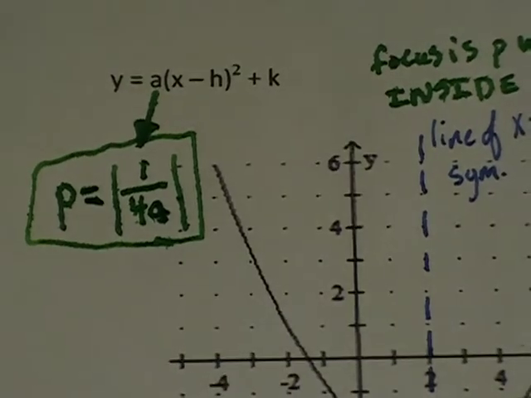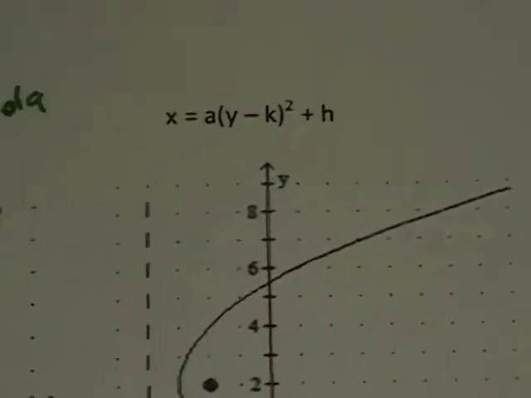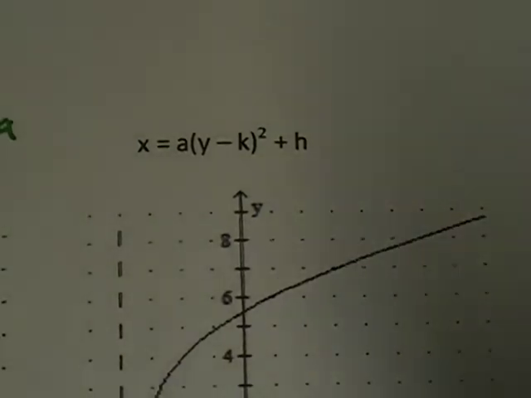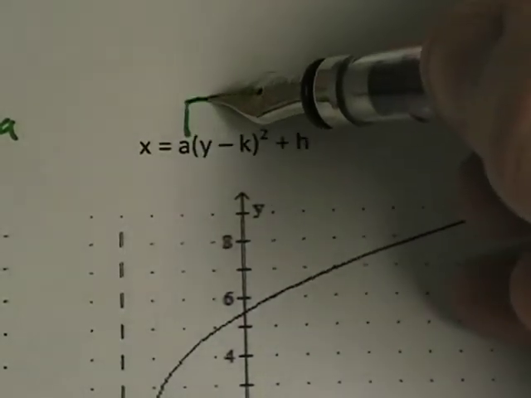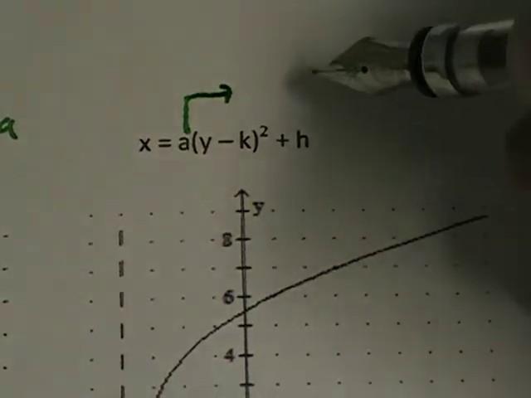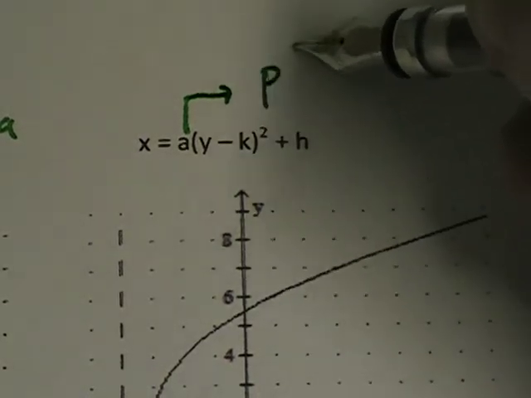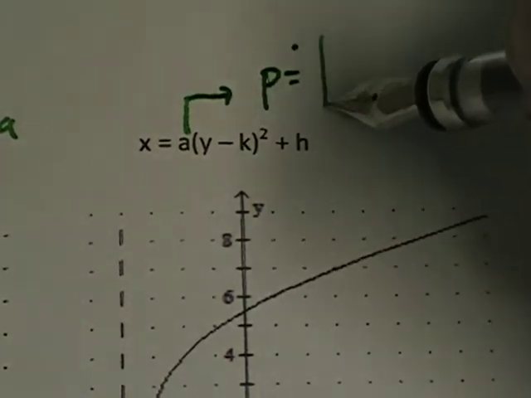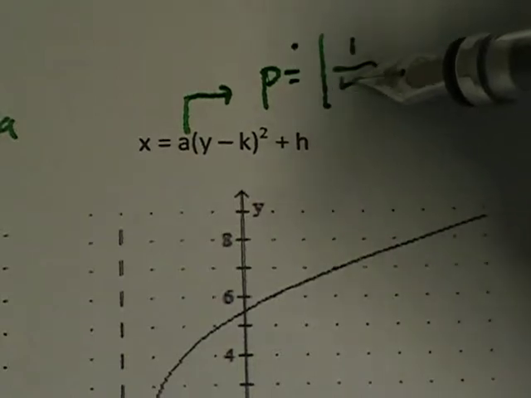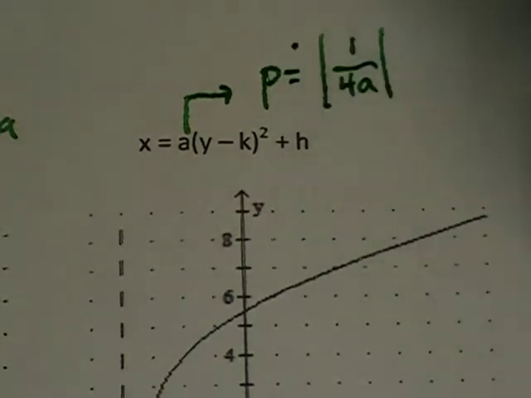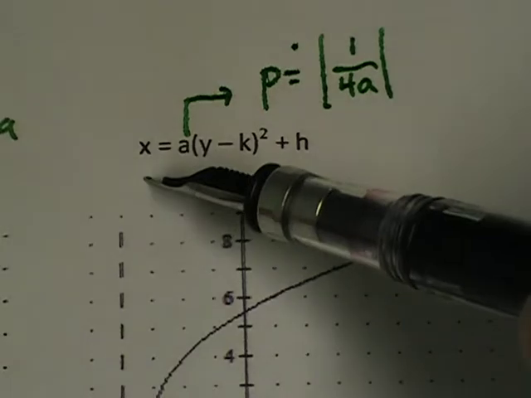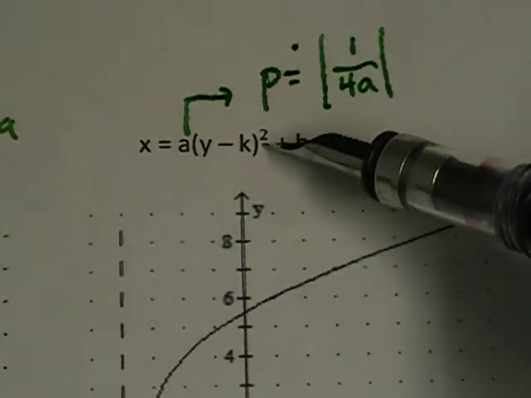Now, we also have a horizontal parabola. Okay, notice the difference. We still have an A term, and that A term can still tell us P. P is still the absolute value of 1 over 4A. The difference is we have x equals y squared.